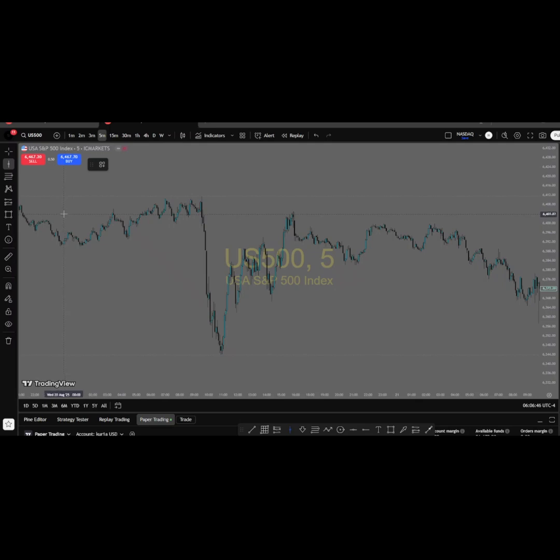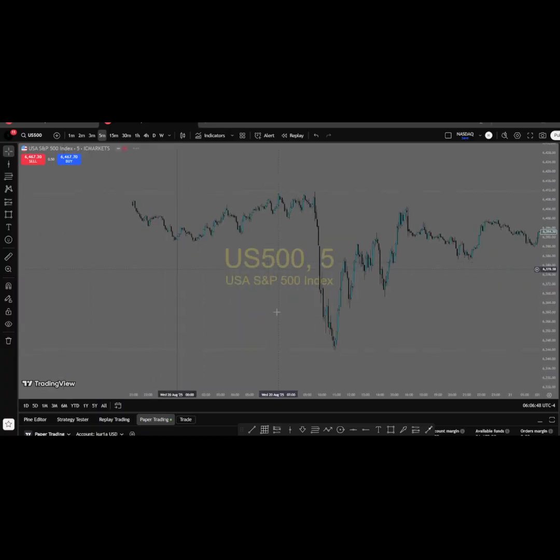Where is it? Right there. Okay, so you can see that also on US 500 we had a consolidation price action until the 9:30 open when price broke lower.